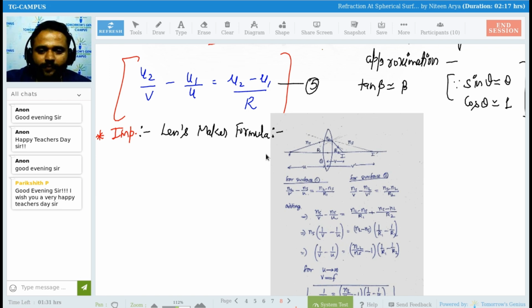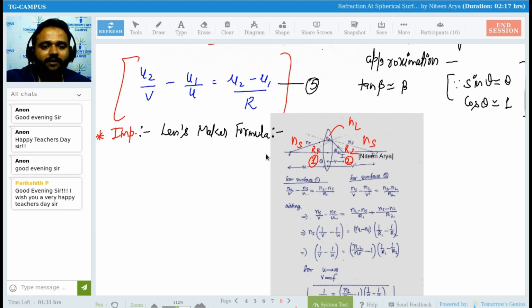So here we have NS, the medium other than the lens, and the refractive index of the lens is NL. For surface 1, this is my first surface, this is my second surface. Clear? For surface 1, this is my radius R1, this is my radius R2.